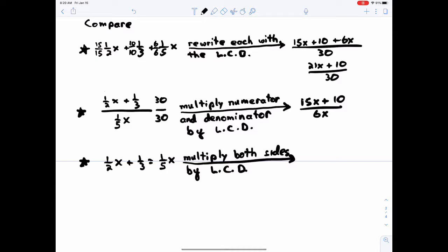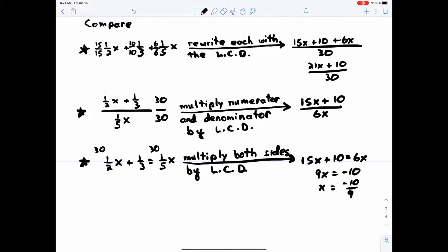Okay? And what you get when you multiply both sides by 30 is 15x plus 10 equals 6x. And then you would just finish solving that. So you'd end up with 9x equals negative 10, and x equals negative 10/9. But that's the easy part.